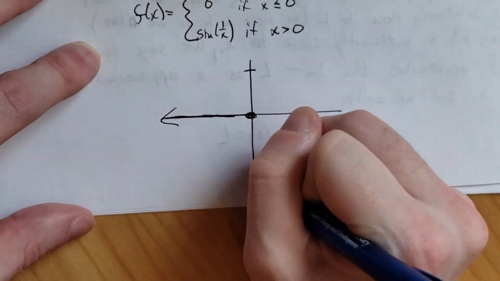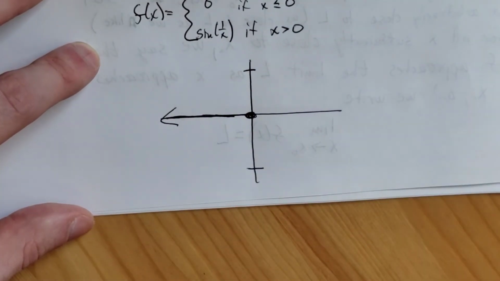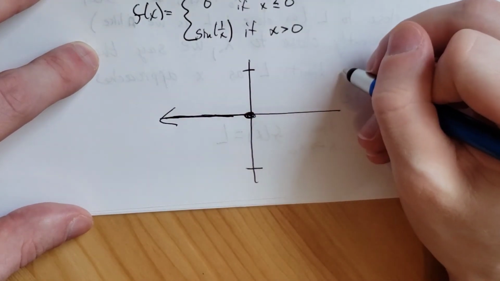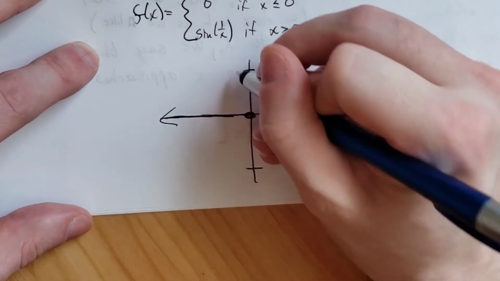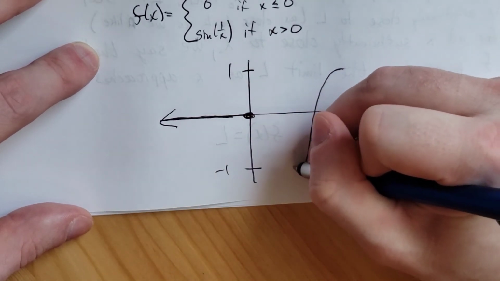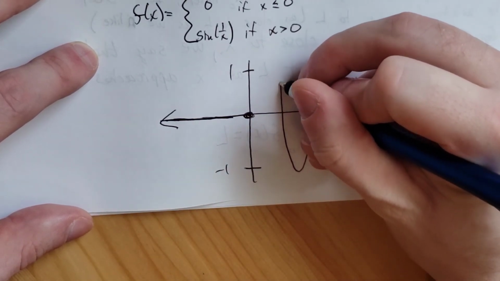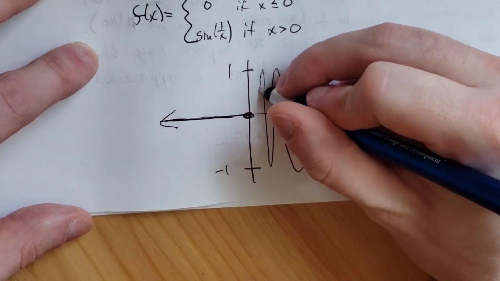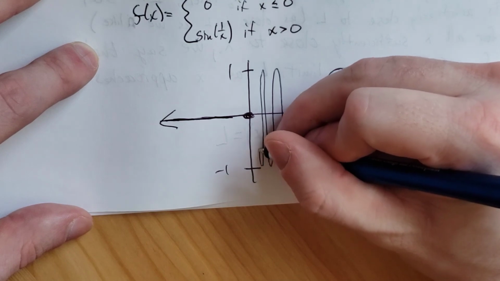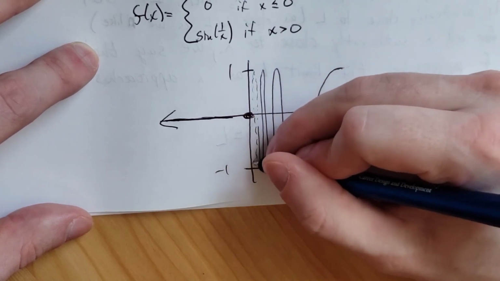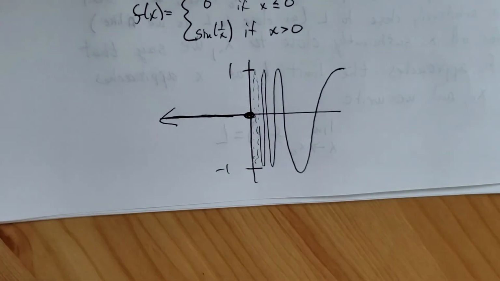But on the right side, we actually get something that looks like this and bounces back and forth between 1 and negative 1. And it bounces all the way back and forth as we get closer and closer to x equals 0.